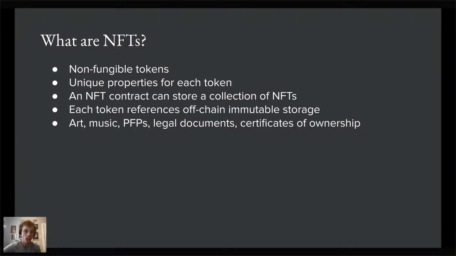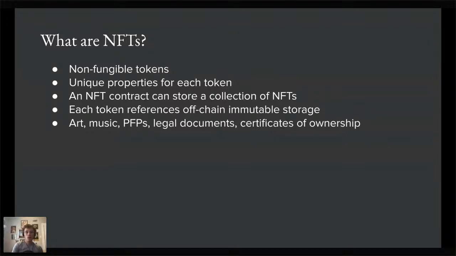So one thing that makes NFTs different from ERC 20s or fungible tokens in the actual smart contract is that the tokens actually reference off-chain immutable storage. They often do. They're not required to, but pretty much all of the most interesting projects that I've seen are referencing off-chain immutable storage.